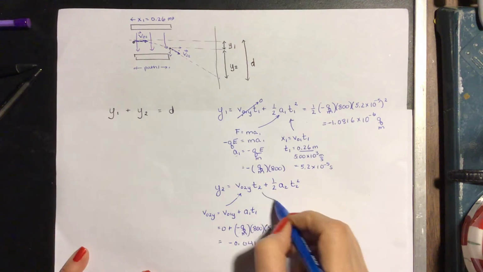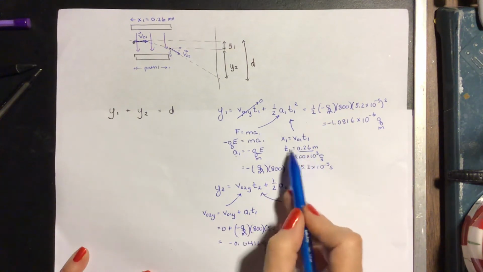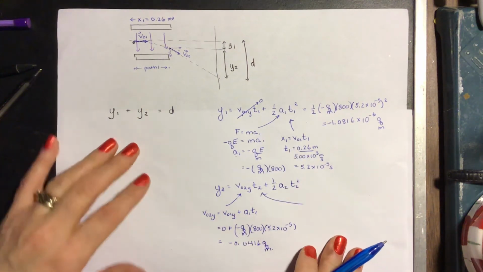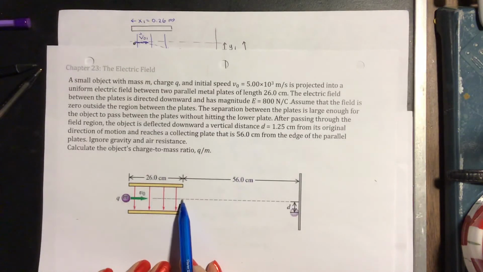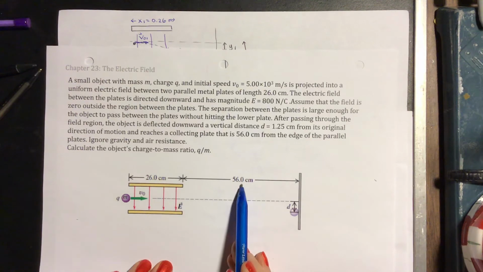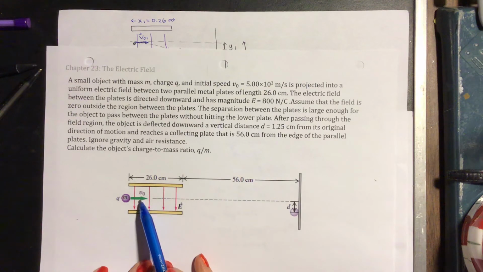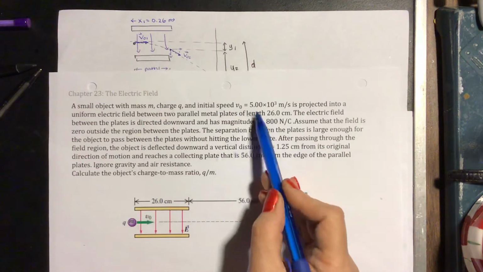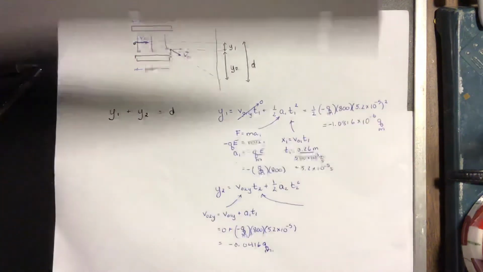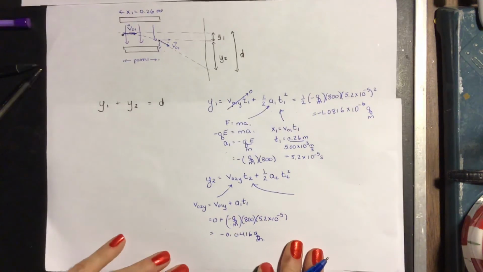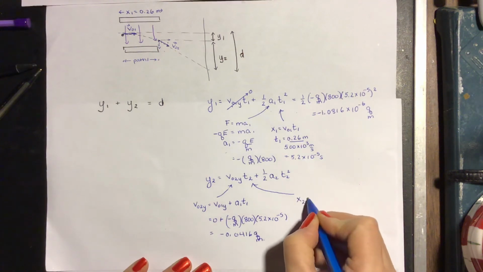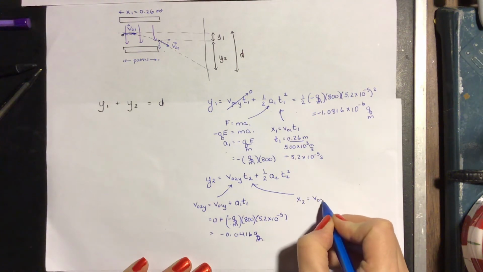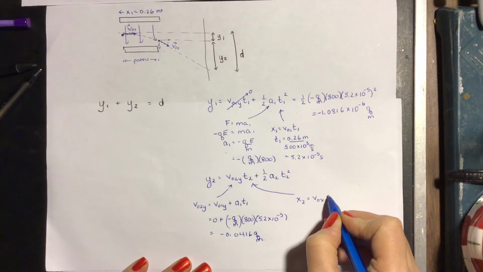For our t2 part, we'll find t2 similar to how we found it in the first part. When it's in the second part, going from here to here, it travels a horizontal distance of 0.56 meters, and it has a horizontal velocity of v0, which was 5 times 10 to the 3 meters per second. So we can find our t2 no problem. So x2 equals v0x times t2.